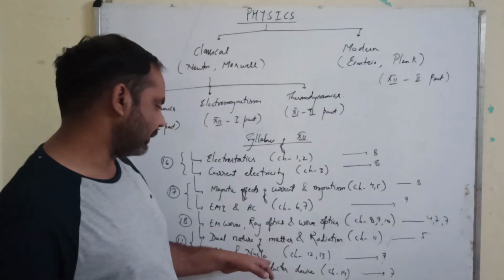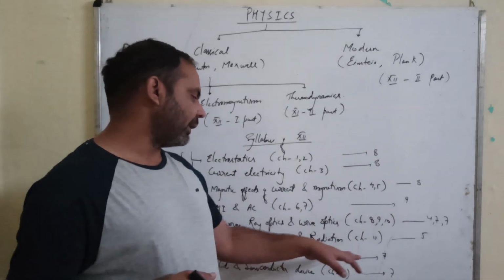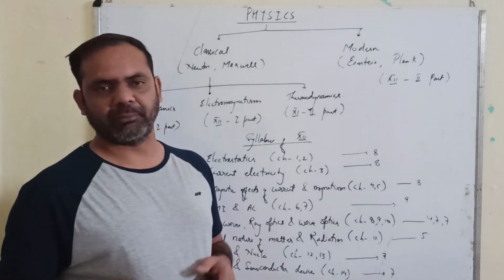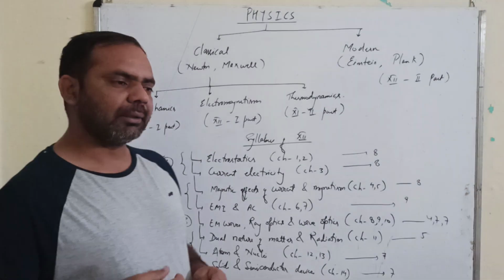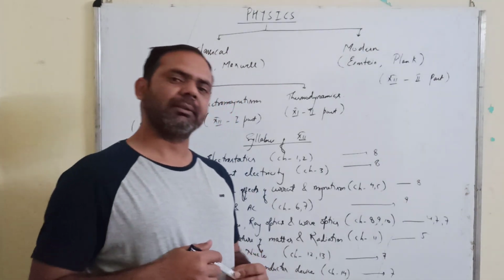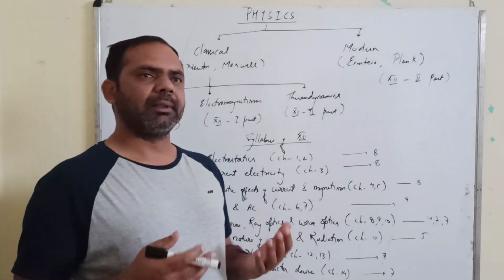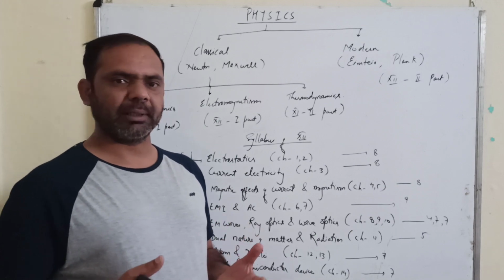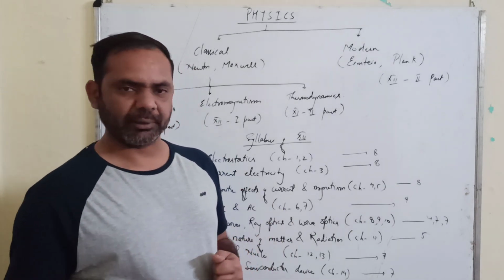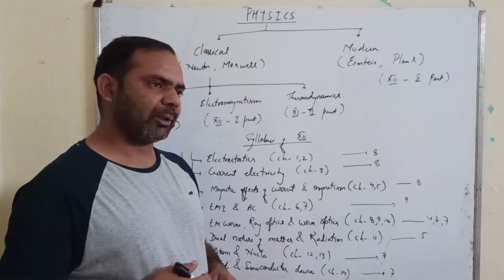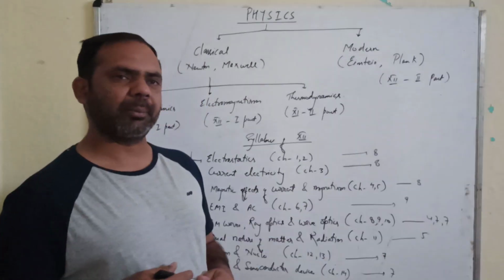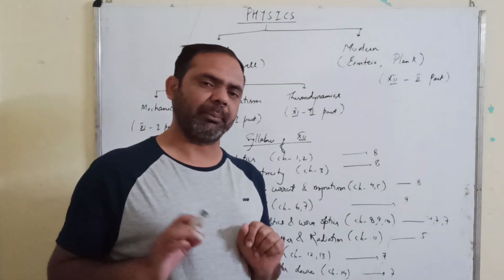Together they are nearly 7 marks. Finally, the last chapter is solids and semiconductor devices. In this chapter, we will discuss semiconductors, which lie between conductors and insulators. This is your chapter number 14, which will be approximately 7 marks.